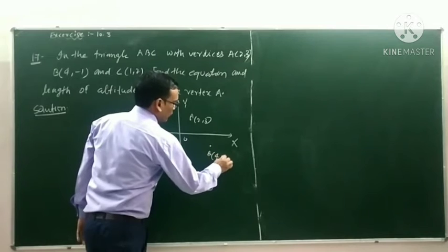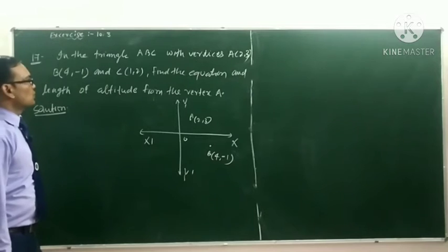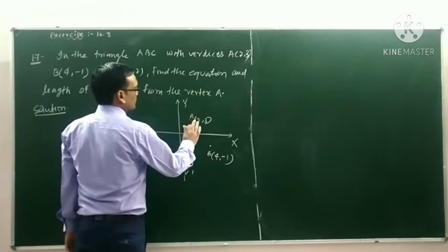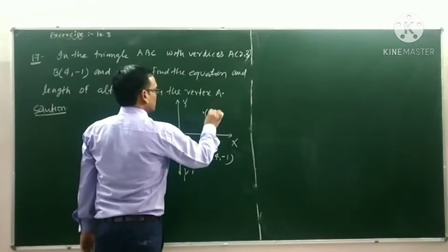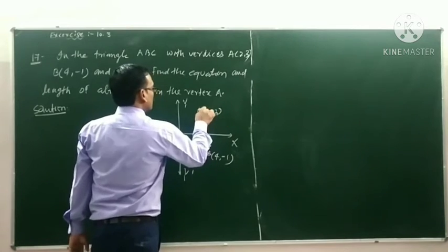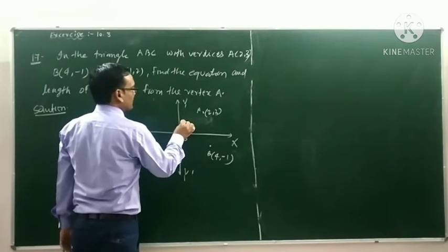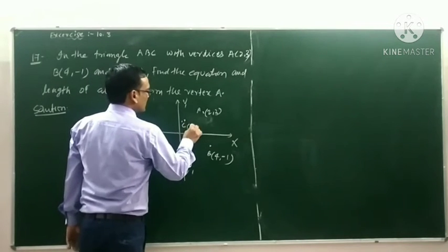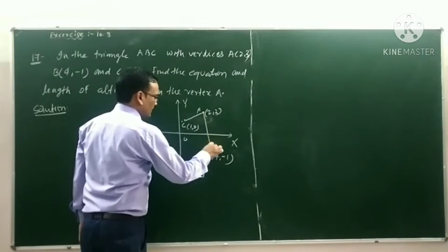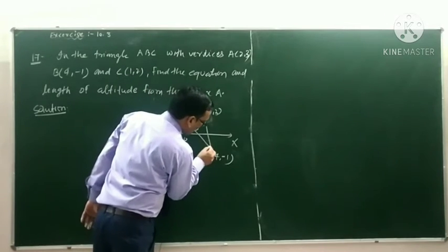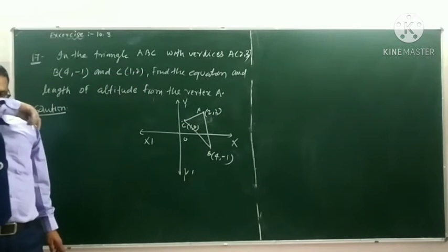Point C is 1 comma 2. Then join the points A, B, B to C and draw triangle ABC in a Cartesian plane.